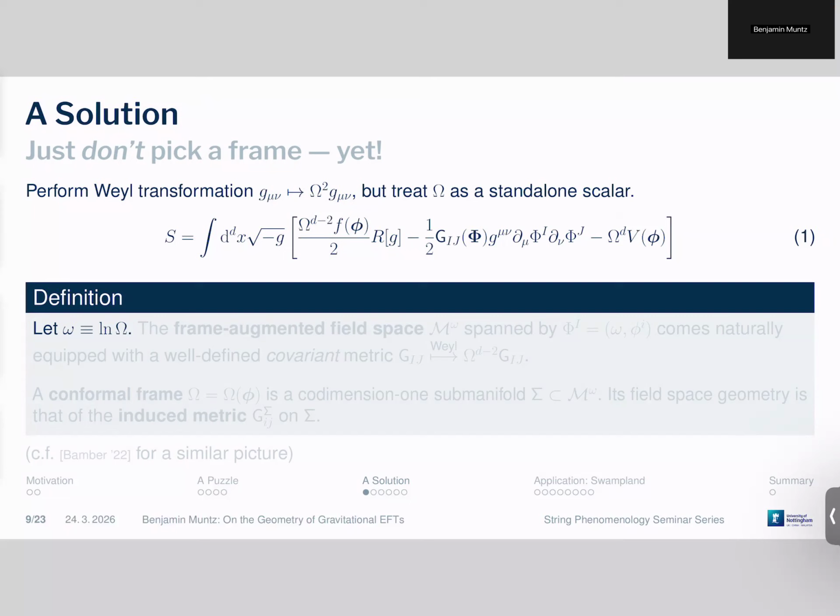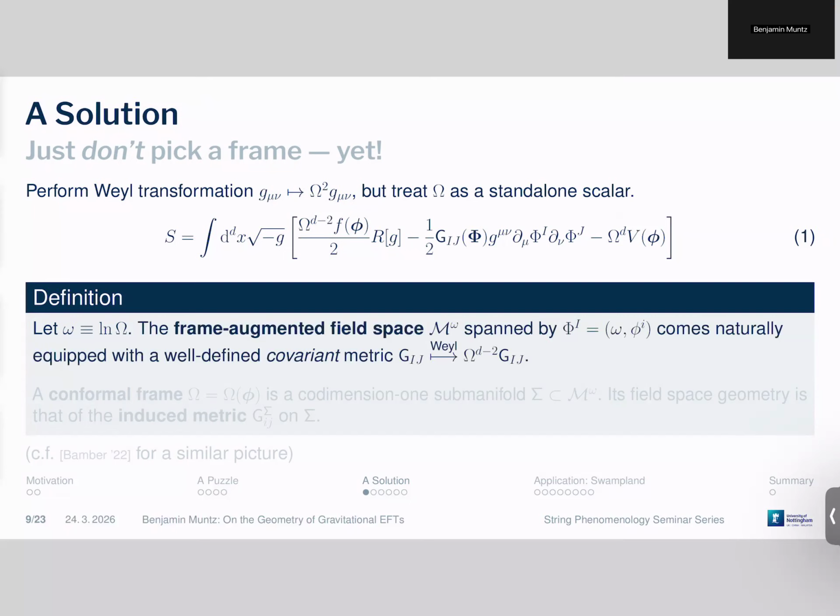And now this gives rise to a new geometry, one dimension higher, that's spanned by the conformal mode and the original set of scalars that we had. And this comes equipped with a well-defined covariant metric, where I use the indices capital I, J to denote the indices. And this is uniquely defined provided I know what the non-minimal coupling and the original kinetic term is in a particular frame.